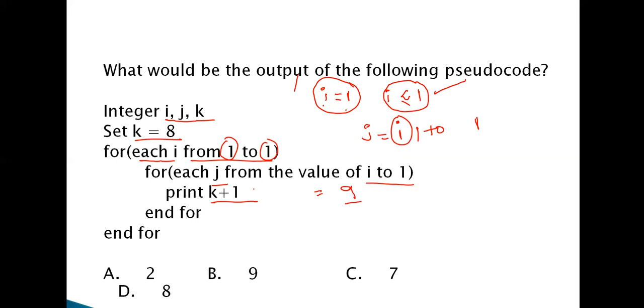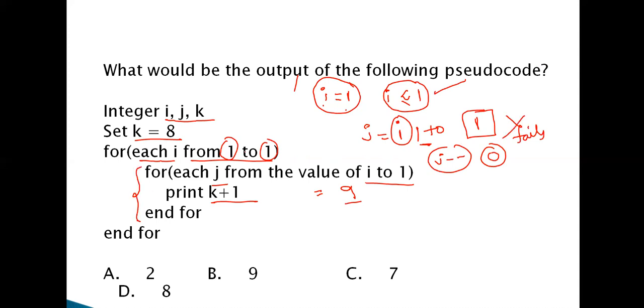Okay. Now coming to the loop. In the loop again j value from I to 1. So first time j is equal to 1. In the next iteration j minus minus, that is j value is equal to 0. But the condition is up to 1, so the condition fails. We come out of this inner for loop.